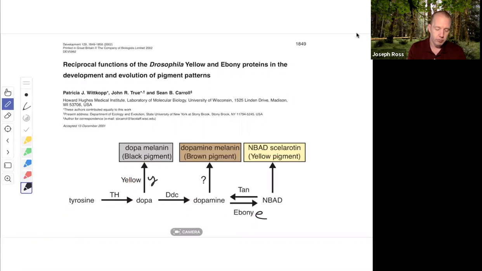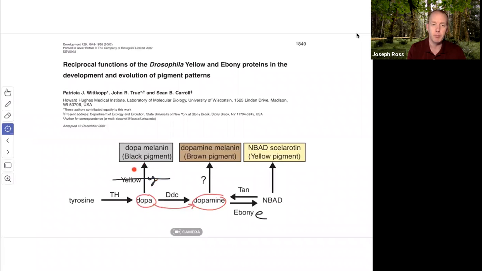So if you are a fruit fly and you don't have the yellow gene, and you don't make the yellow protein that can produce black pigment, what happens instead? The DOPA becomes, through this second parallel pathway, this is one way that DOPA can be processed. The other way is to the right. So it becomes dopamine, and then it gets turned into NBAD, which is a yellow pigment.